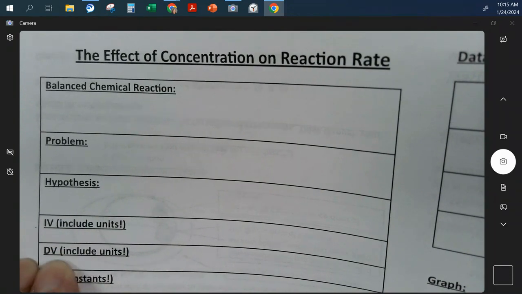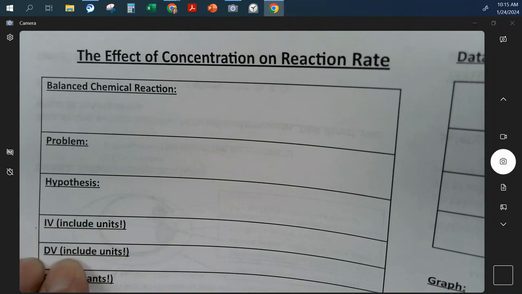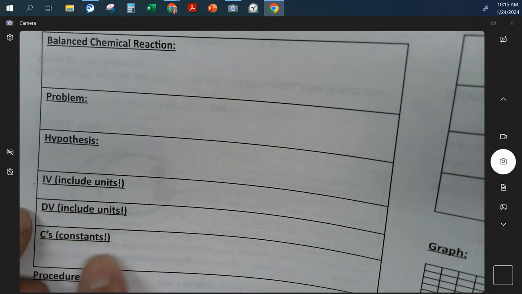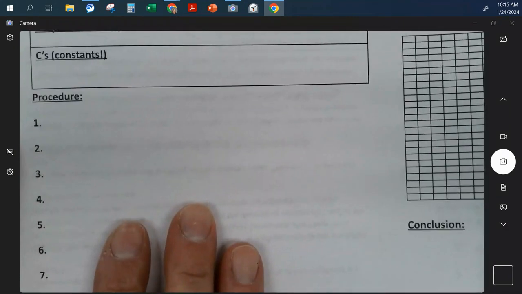So think about that. Dependent variable. So what are you testing? What are you measuring? Anything that you're going to keep constant. So I'm going to use the same dye every time. If I'm measuring temperature, I'm going to keep the concentration constant. I'm going to have the same person do the drops because I don't want the drops to be different sizes, something like that. Does that make sense? So think through that. And then your procedure.